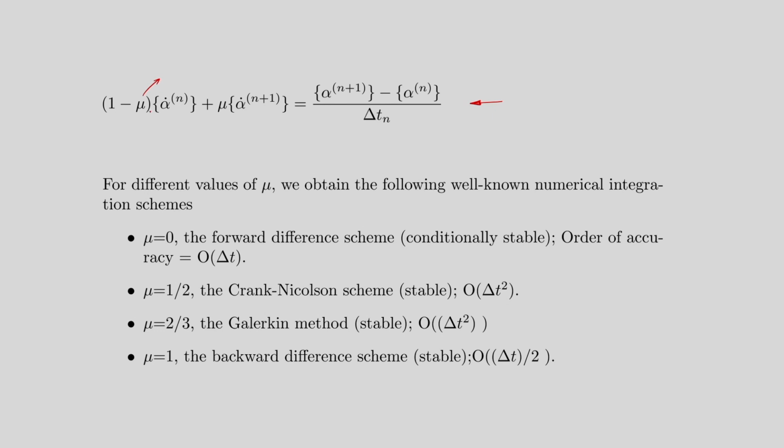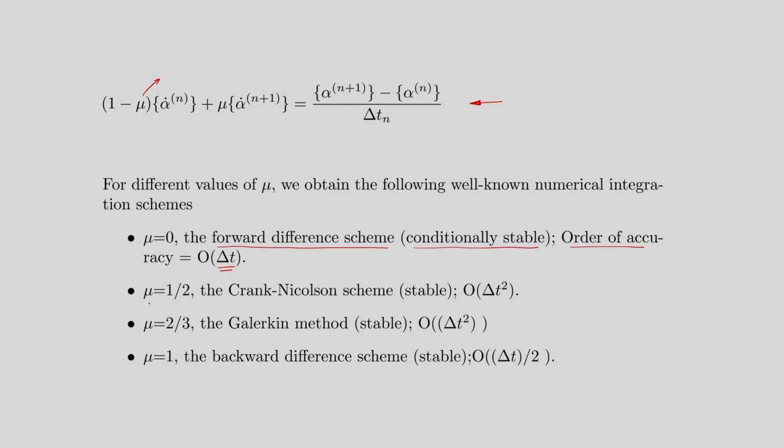So, we can put different values of mu and arrive at different numerical schemes. If I choose mu equal to 0, that represents the forward difference scheme, which is found to be conditionally stable. In a short while I will discuss conditional and unconditional stability. The order of accuracy of this scheme is of the order of delta t.